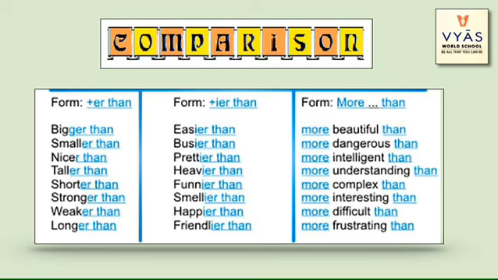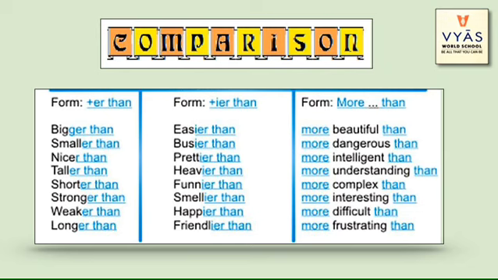Pretty. The spelling of pretty is PRETTY. So again, we have replaced Y here with IER. In the normal words that are not ending with Y, we just simply add ER. But the words that end with Y, we replace Y with IER, and then than is placed as it is.